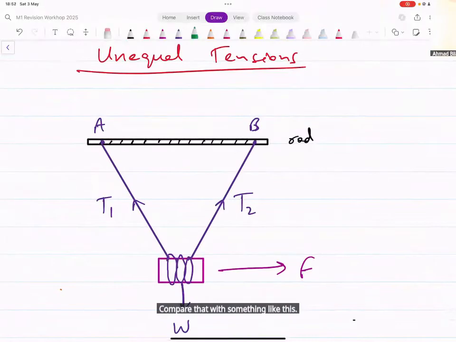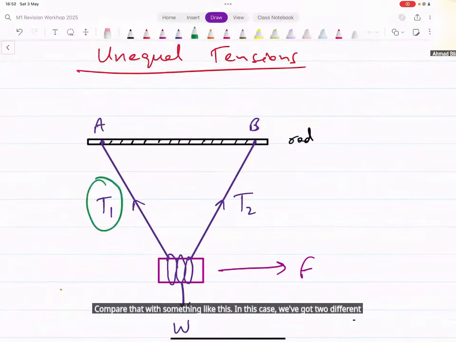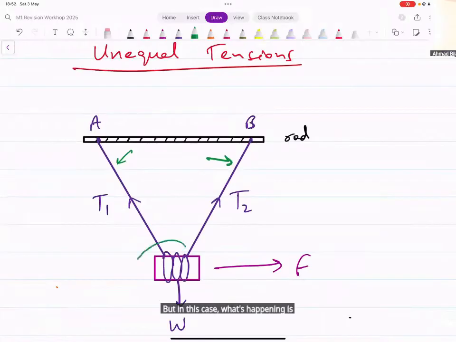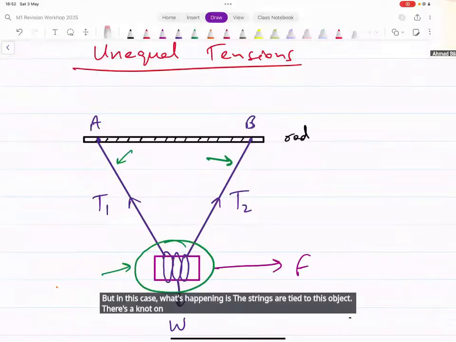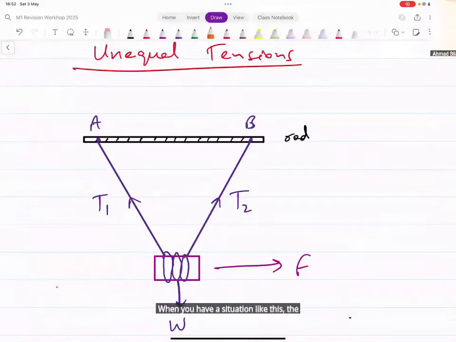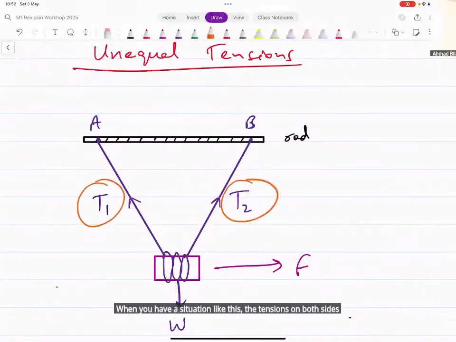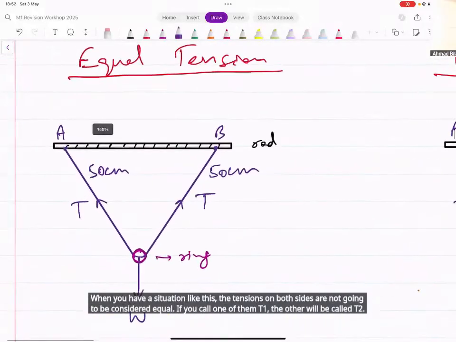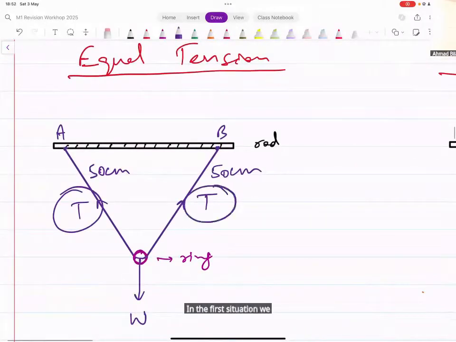In this case, we've got two different strings: string 1 on the left side, the other string 2 on the other side. But here the strings are tied to this object. There's a knot on this object, so the string is not free to move through the object. When you have a situation like this, the tensions on both sides are not going to be considered equal. If you call one of them T1, the other will be called T2. In the first situation, we called both of them T.